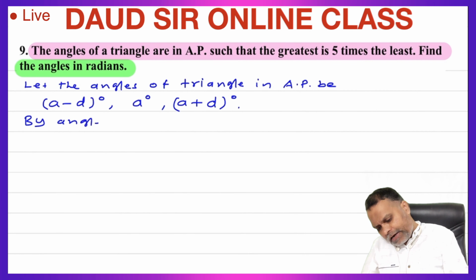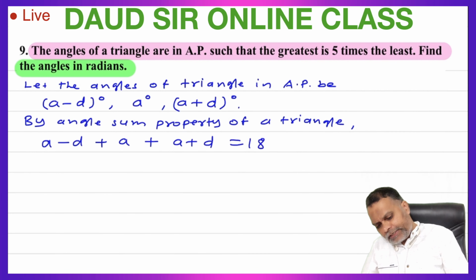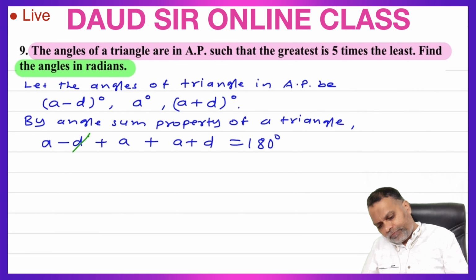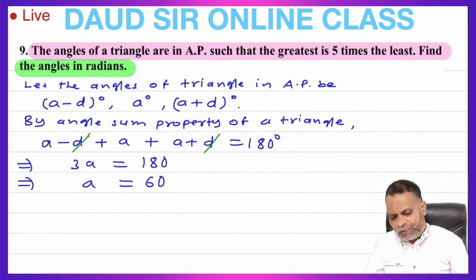By angle sum property of a triangle, a minus d plus a plus a plus d is equal to 180 degree. Minus d plus d cancelled. a plus a plus a, 3a is equal to 180. So a is equal to 60. Here we have got a is equal to 60.